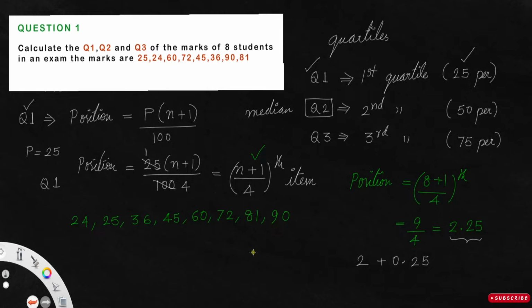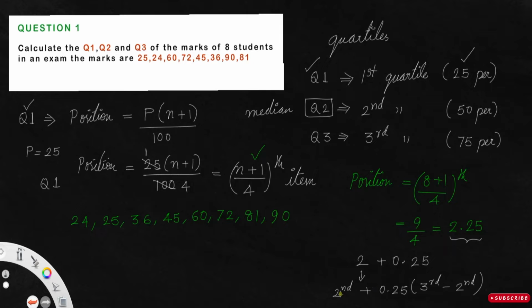That basically means the second item plus 0.25 times the difference of the number next to second, that is the third minus second. Clear? This is just an algorithm, that is second plus 0.25 times what's next to second.